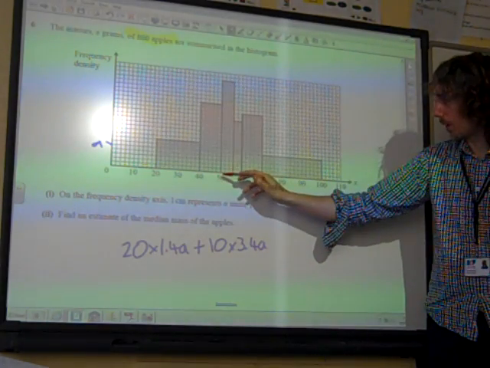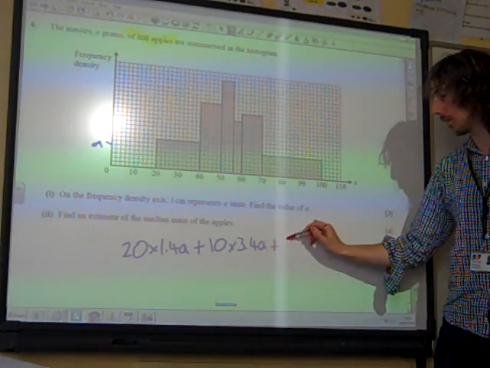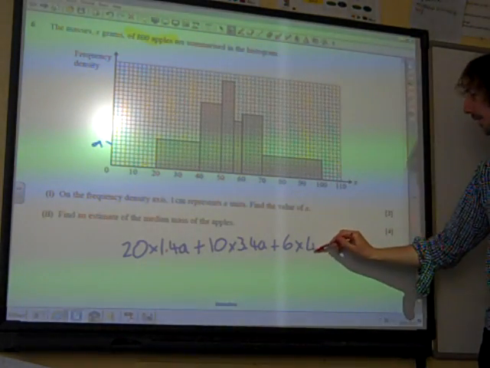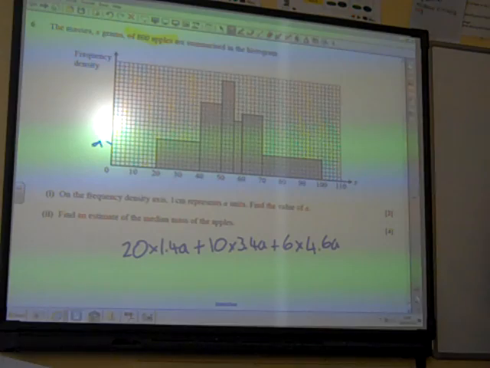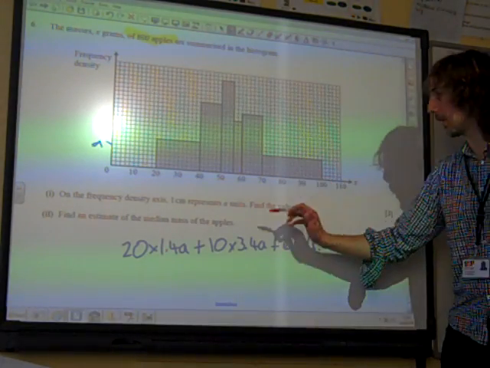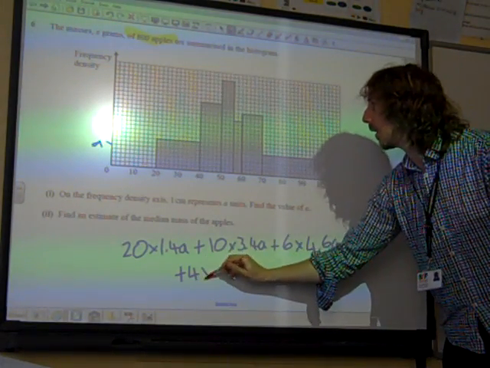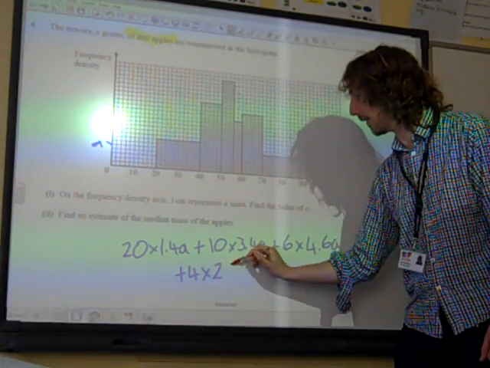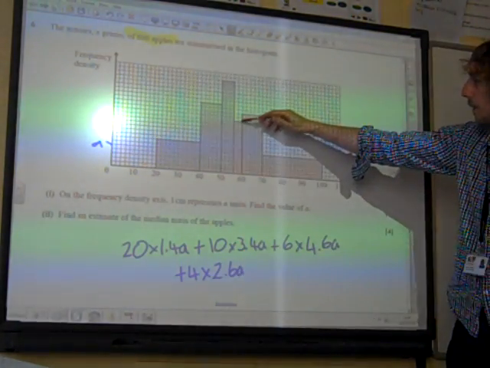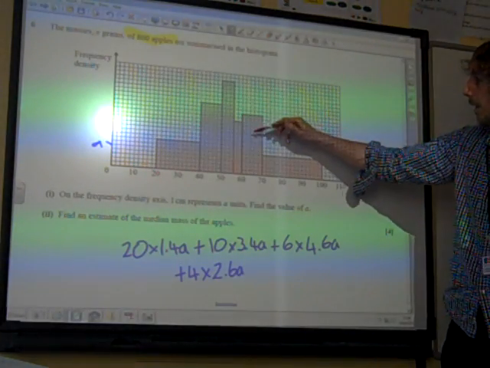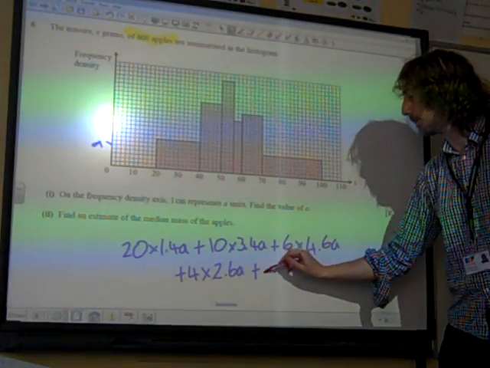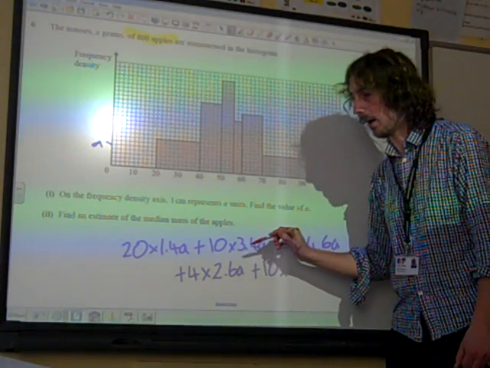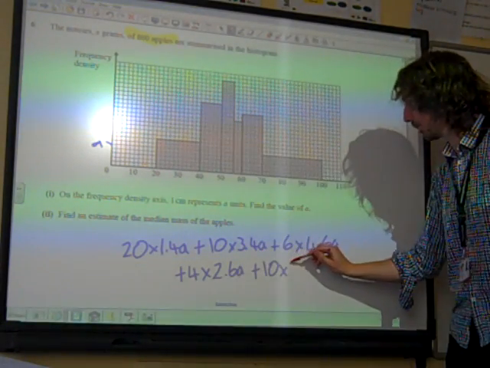The next one, the width is 6, and that one has a height of 4.6 lots of A. The next one has a width of only 4, and that's a height of 2.6A. You see the height there would be 2.6. And then that one is 10, and we're multiplying that by 3A.